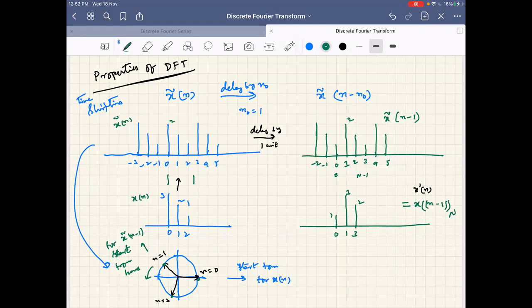When it goes out of range, you can consider it as the remainder with respect to capital N, and that is N minus 1. Whenever there is a negative number, we can directly take it as N minus 1. This establishes the relation while shifting.